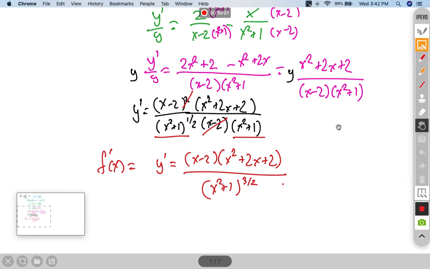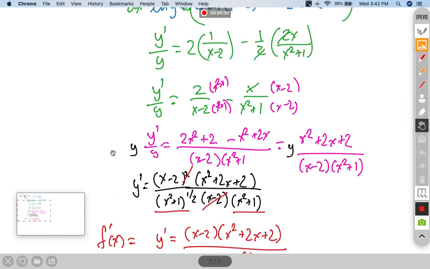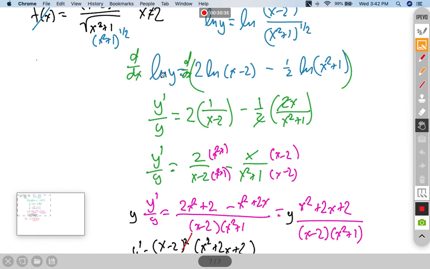It's not too bad of a problem either way, but hopefully this way you can see that sometimes just using this trick of taking the natural log of both sides can get it down to a problem that's easier to work with.